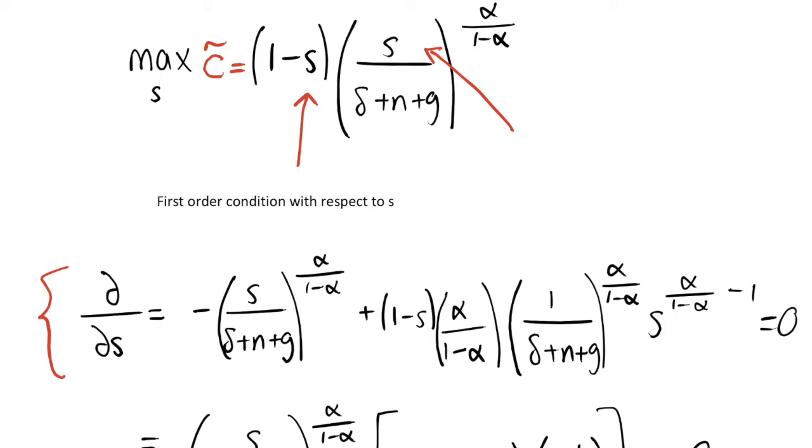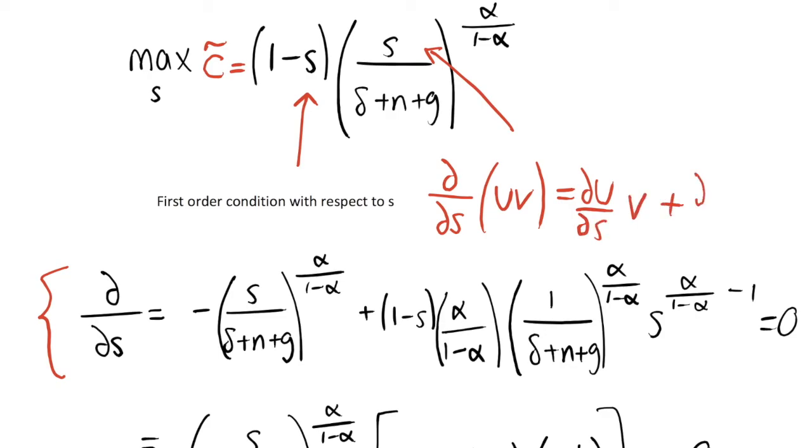We're going to have to use the product rule, which says that if we want to differentiate, say, a product of two things, let's say the product UV, this is going to be equal to the derivative of U multiplied by V plus the derivative of V multiplied by U. And that's what we've done here.